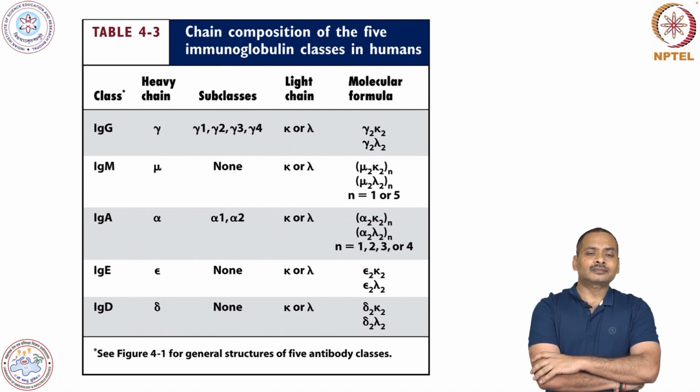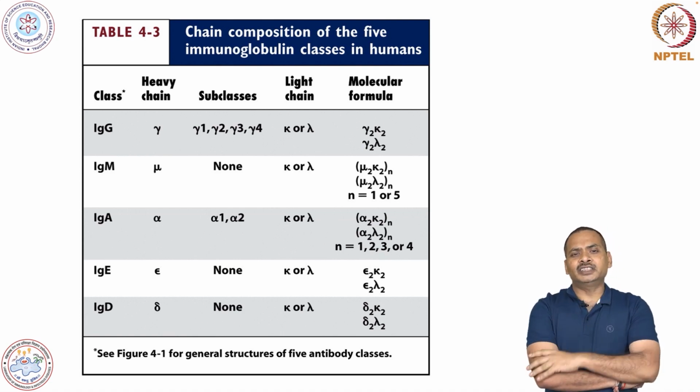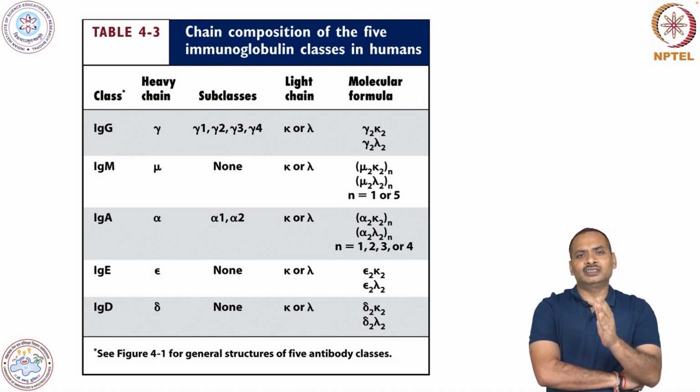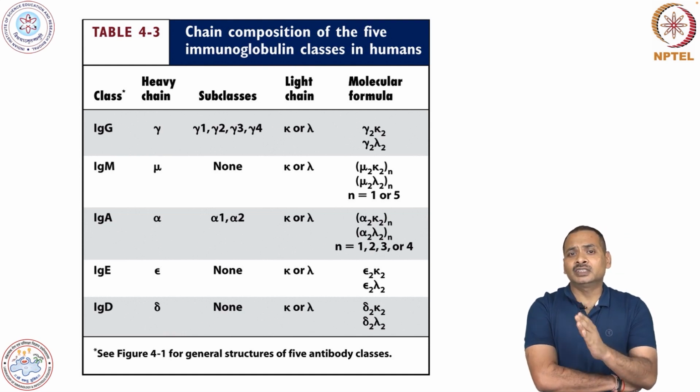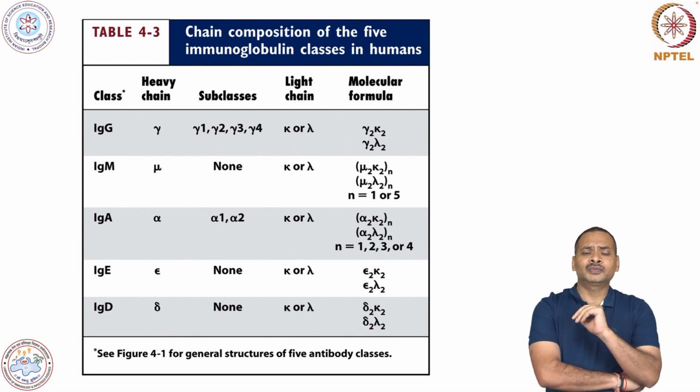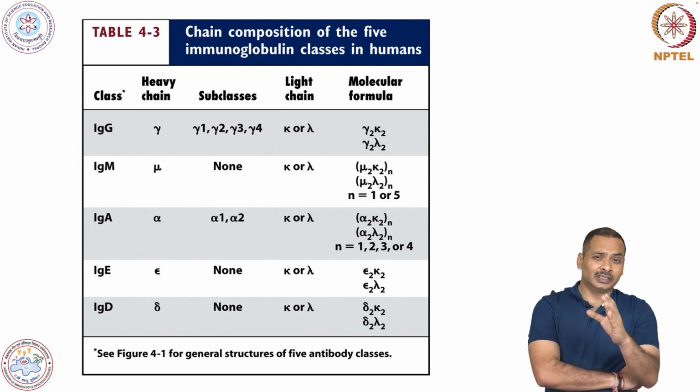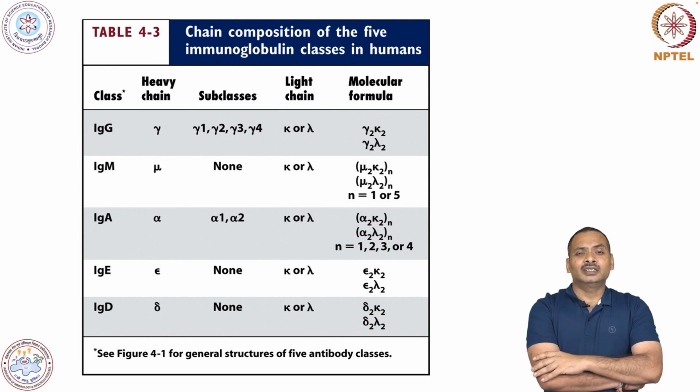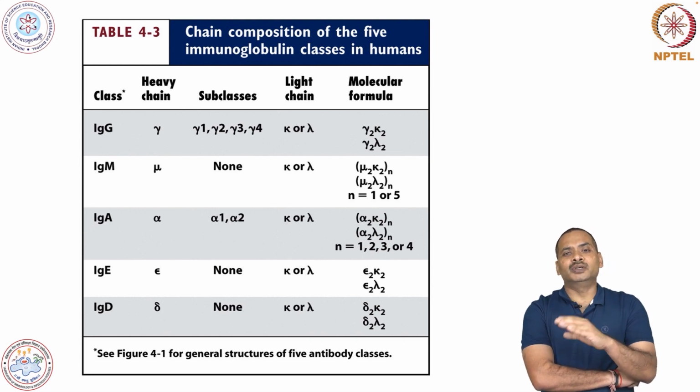These heavy chains can interact with either the kappa chain or the lambda chain. So here you can see that in all classes of antibody it is either kappa or lambda.